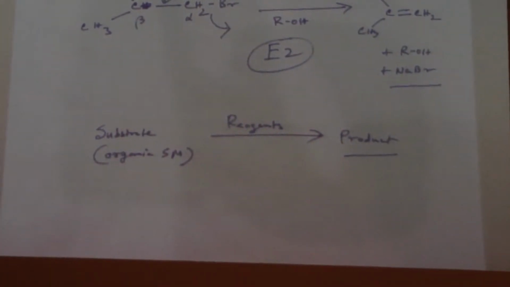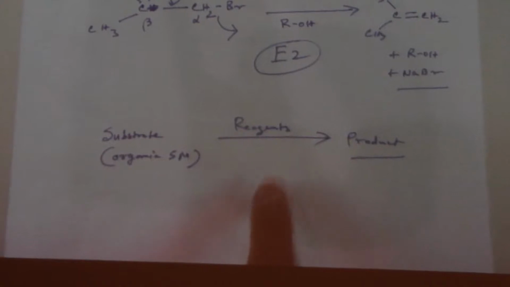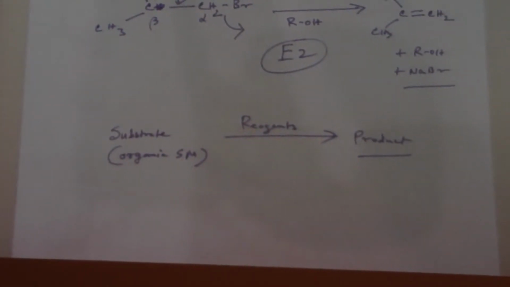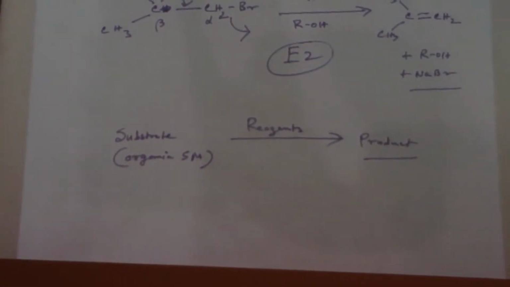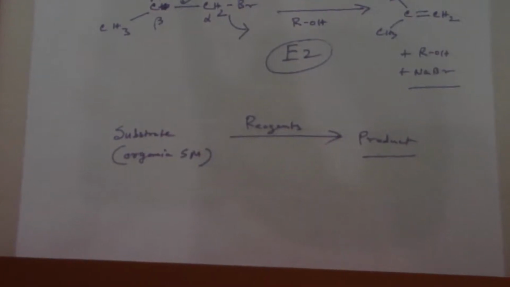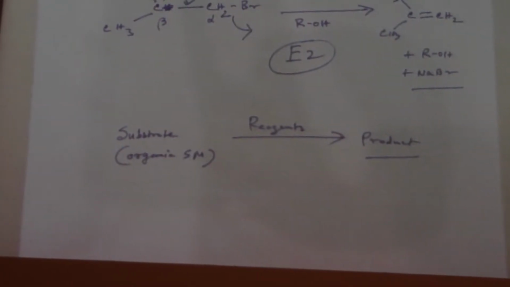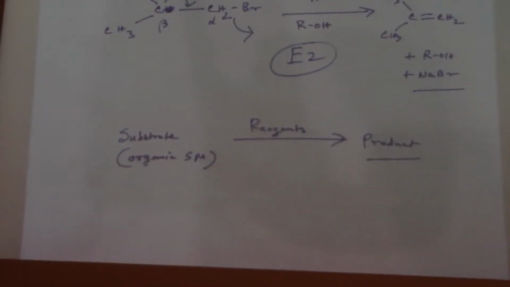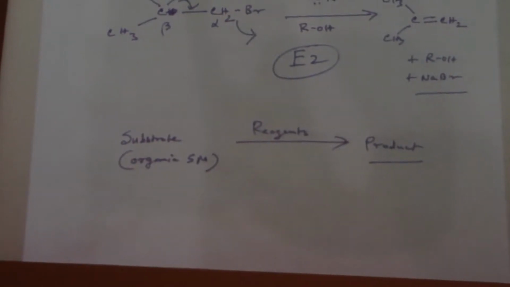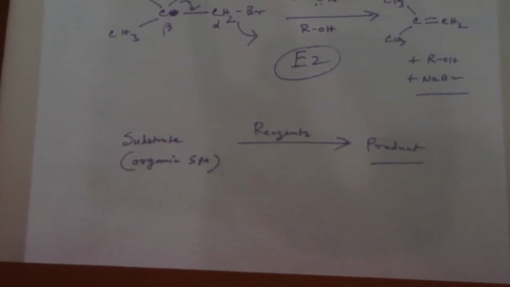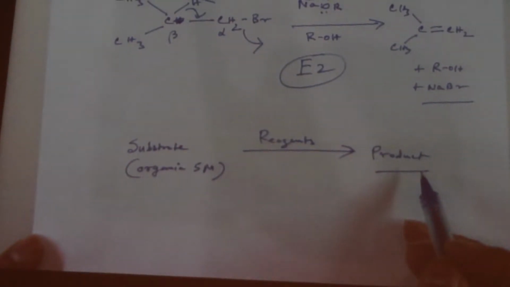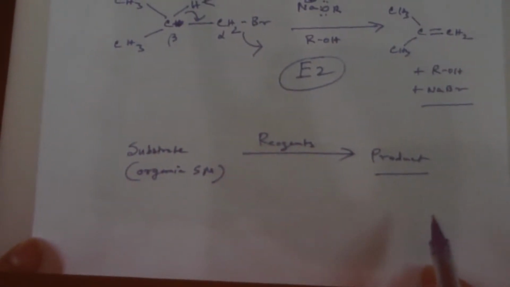And of course, it has other things, but the arrow indicates that we really are focusing on the main substance that we want to prepare. So it's the organic reagent, and frequently we just omit all the others. That doesn't mean that they don't exist, but our focus is on the substrate going to the final product, which is the organic compound that is being generated.